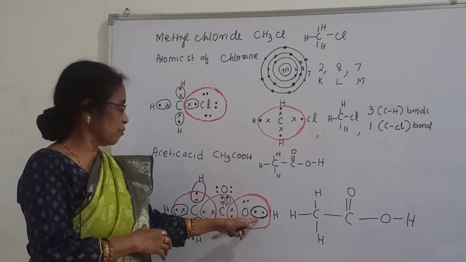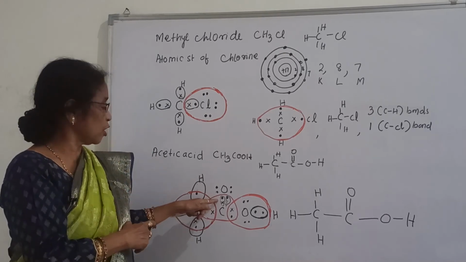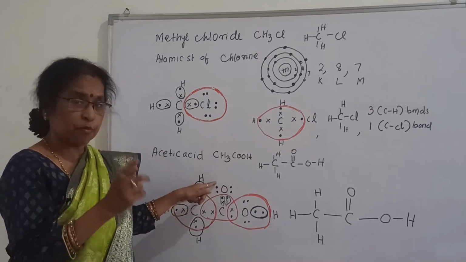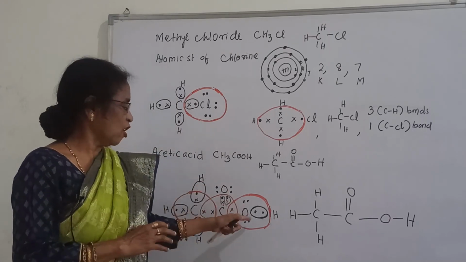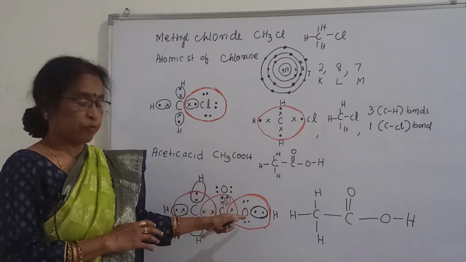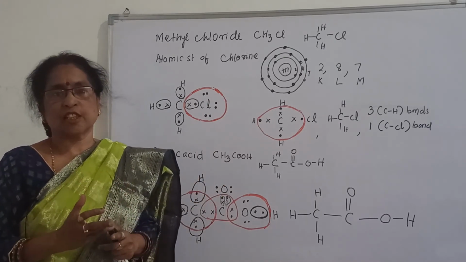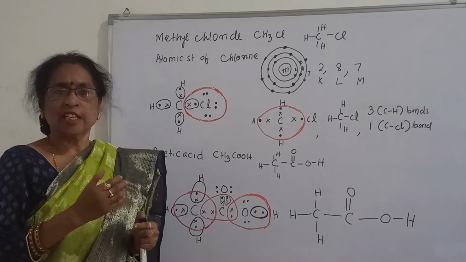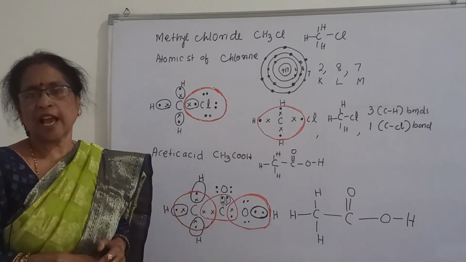Only covalent bonds form here, and also here 2 covalent bonds form, and these are not necessary for bond formation. Only the outer shell contains these electrons. These 2, that means 2 pairs. Here also 2 pairs, because oxygen is 2, 6. Out of 6, 2 are active and 4 remain as they are.